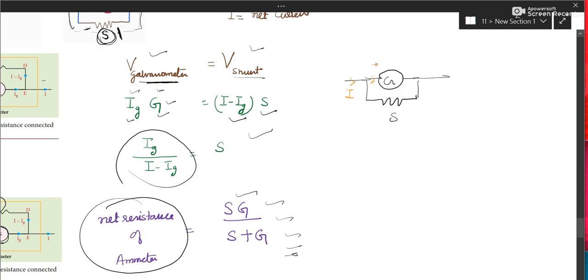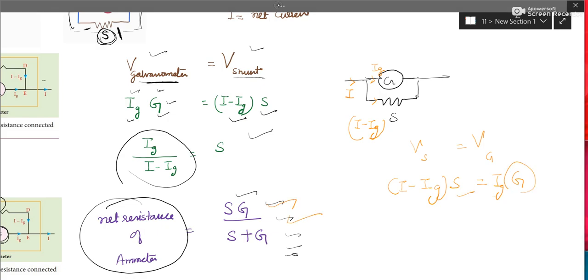IG current will go through the galvanometer and the remaining current, I minus IG, will go through the shunt. Voltage across the shunt will be equal to voltage across the galvanometer. This is simple. Current through the shunt is this and this is its resistance. Current through the galvanometer is this and this is its resistance. S can be found and that net resistance. This is something very easy.